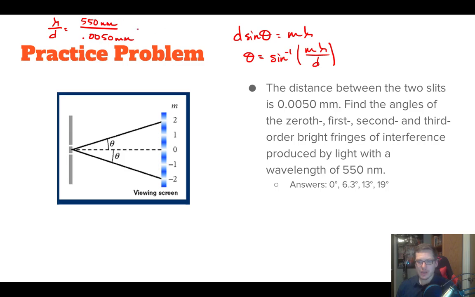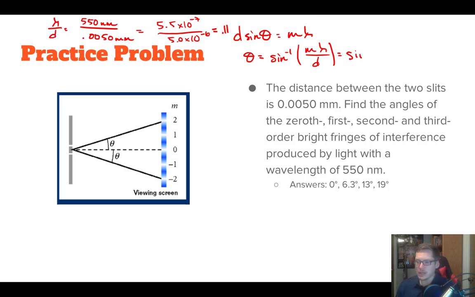The top becomes 5.5 times 10 to the minus 7th, and the bottom becomes 5.0 times 10 to the minus 6th. So we have 5.5 e to the minus 7th divided by 5 e to the minus 6th, and we get 0.11.